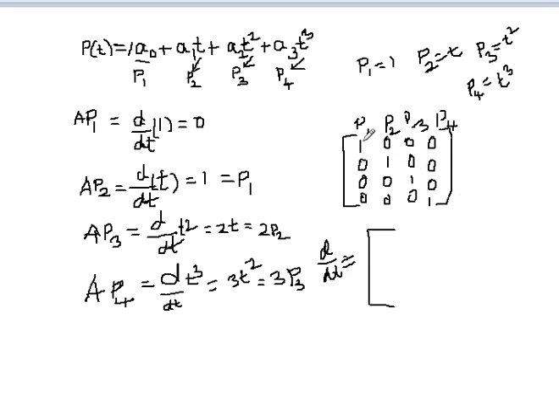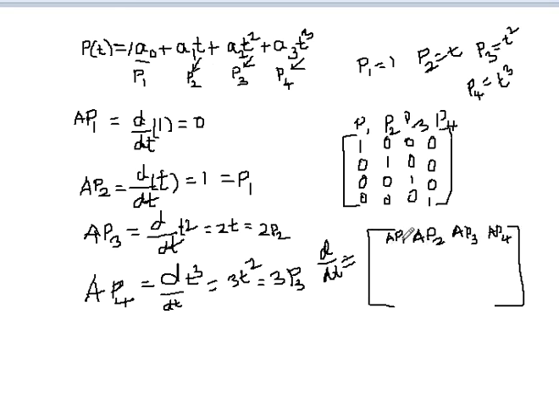So differentiation of this will represent our first column AP1, the second one would be AP2. These AP1, AP2 and so on are written just for reference.